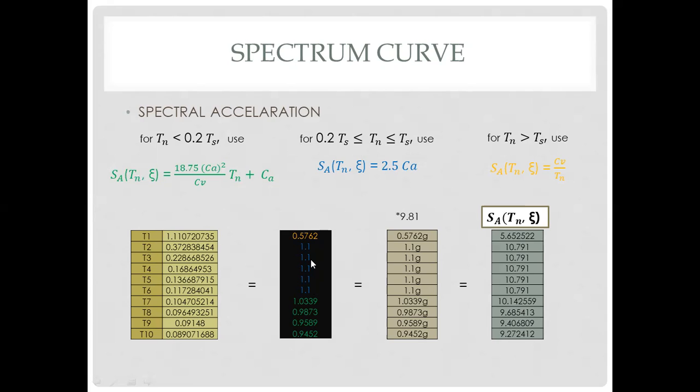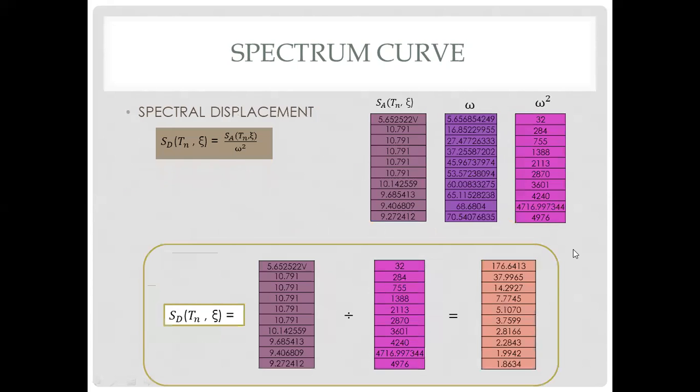So, ito na yung mga values niya. And then, after that, we will multiply it by the G or 9.81. So, after nyan, pag na-multiply na natin, ito na yung results niya for spectral acceleration. Then next, we will solve for the spectral displacement. So, the formula for the spectral displacement is spectral acceleration over modal frequency squared.